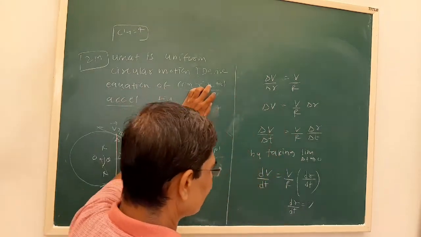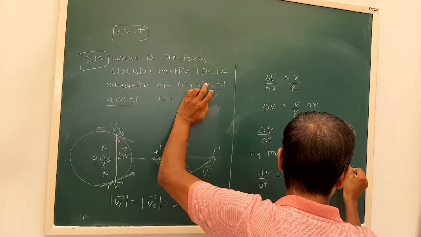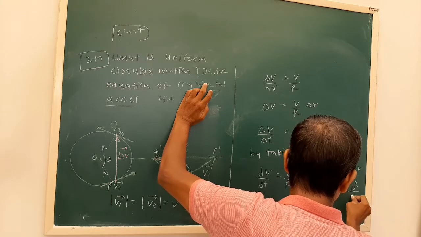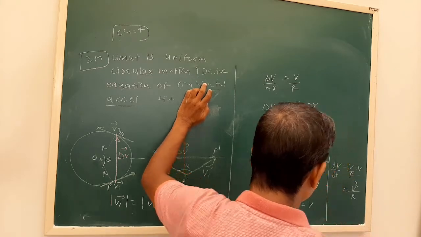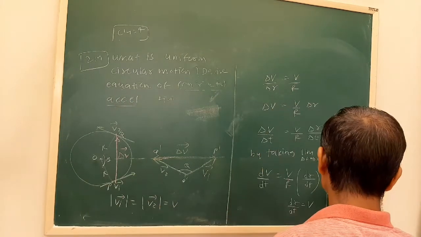So our equation has become dV by dt equals V squared by R. We know dV by dt is acceleration A.